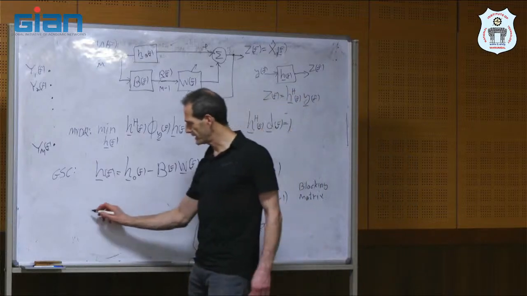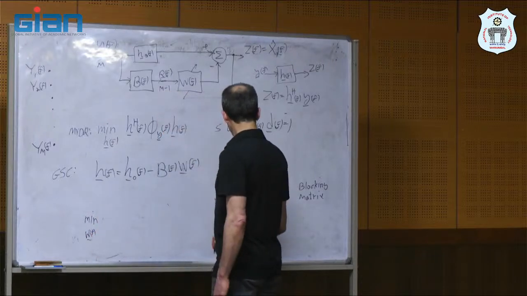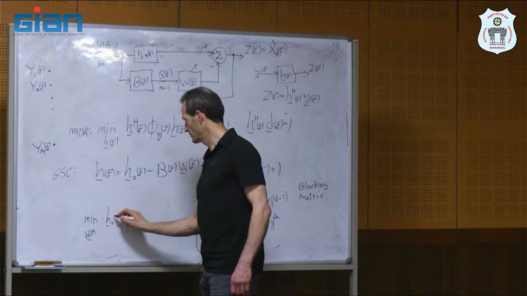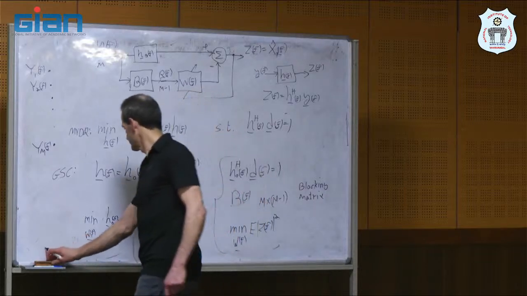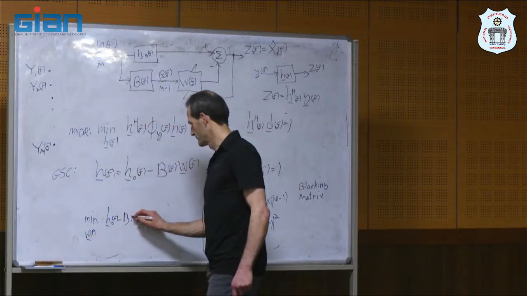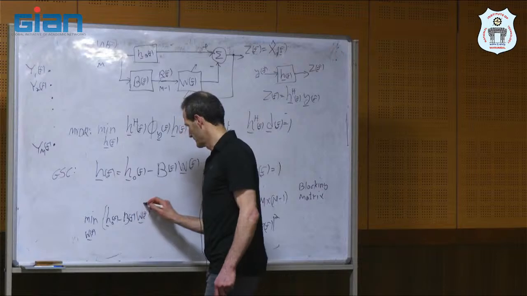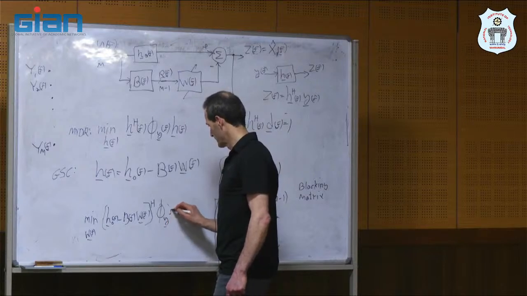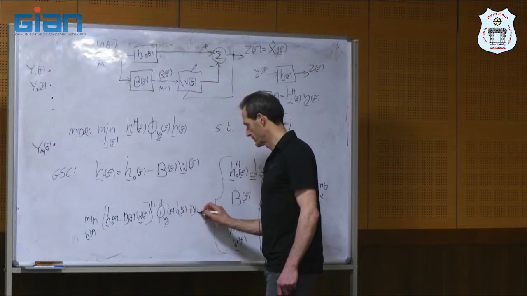So actually we can find the minimum WF of the variance of here, which is phi y, H0 minus B WF.